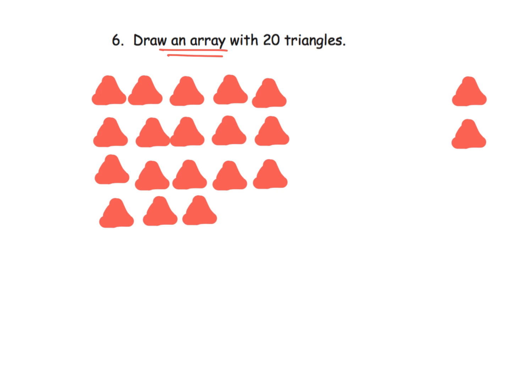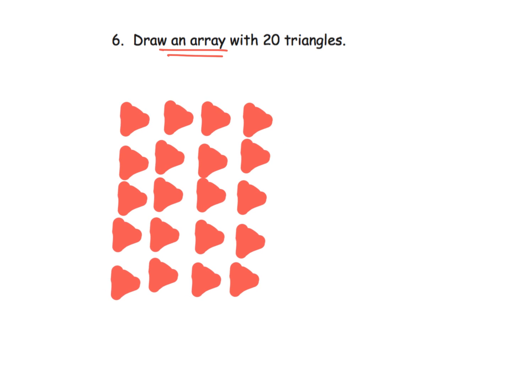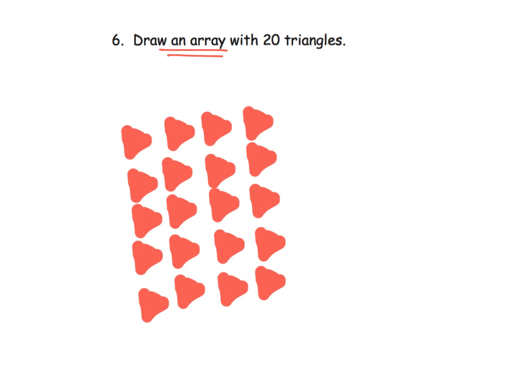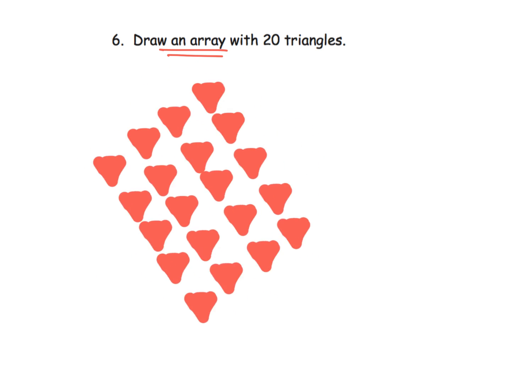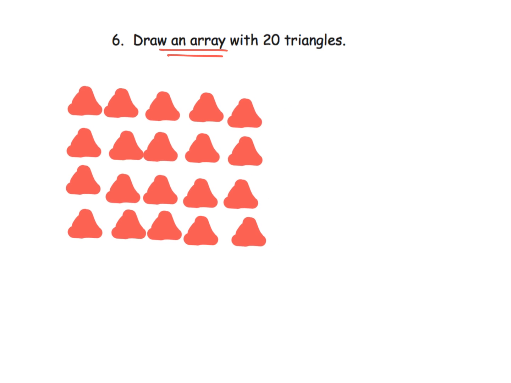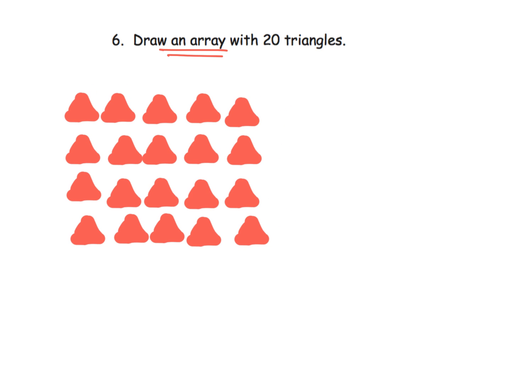And of course, your students might say, well, let's make this an array. And then their students might say, but if this is an array, does this count as an array as well? And the answer is, of course, yes. They're different arrays. So sure, let's include both of them. Let's have fun. This is a fun problem.